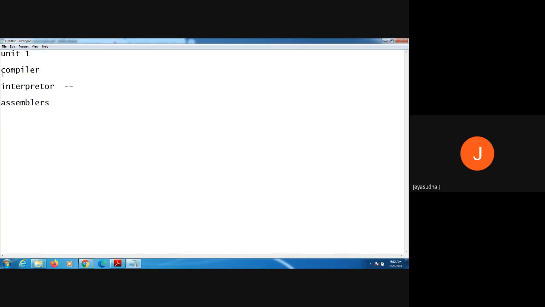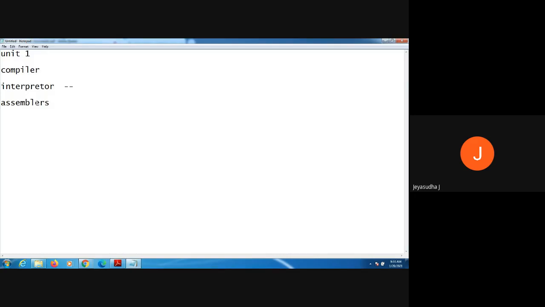Okay, so all these three things are going to help me convert from one part to the other one only. So compiler is also going to convert from one part to the other part. Interpreter also, it's going to be from one part to the other part. Assemblers also, it is going to be from one part to the other part.